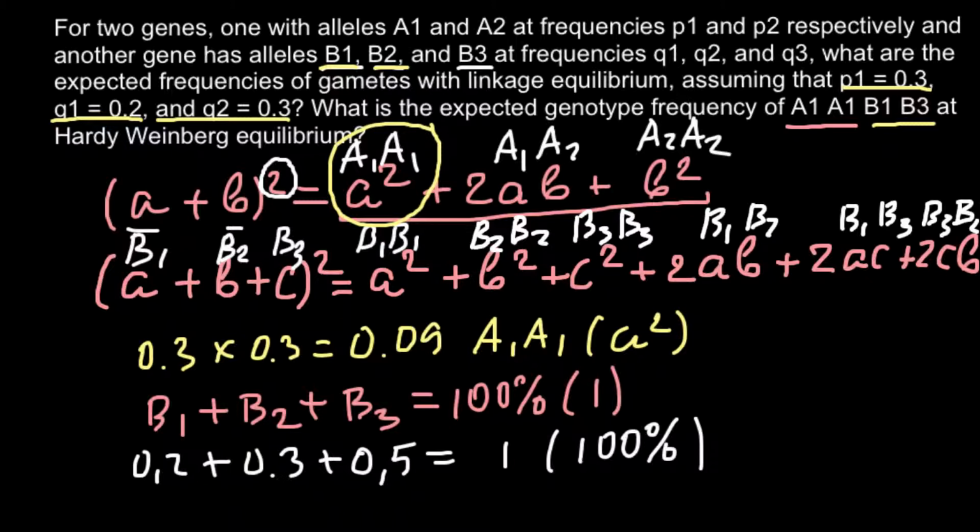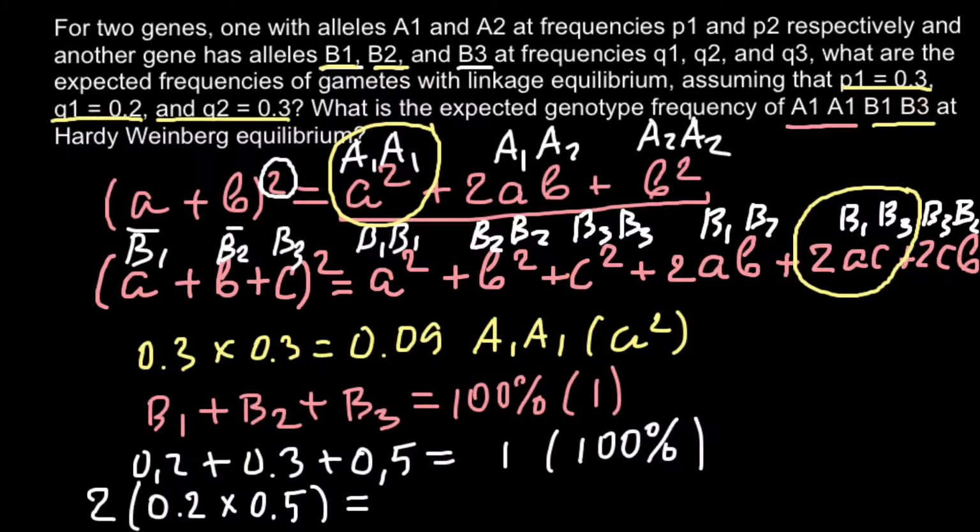So let's circle it. So 2 multiplied by frequency of the allele B1, that is 0.2, and by the frequency of the allele B3, that is 0.5. So multiplied by 0.5.